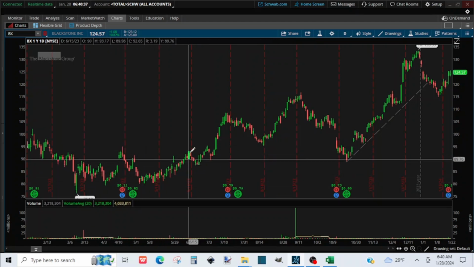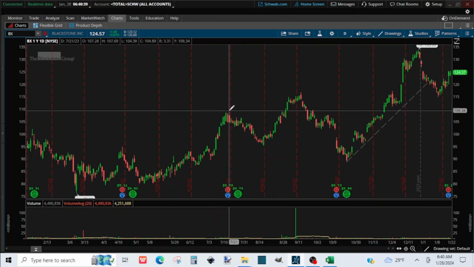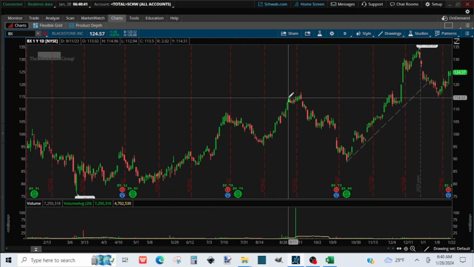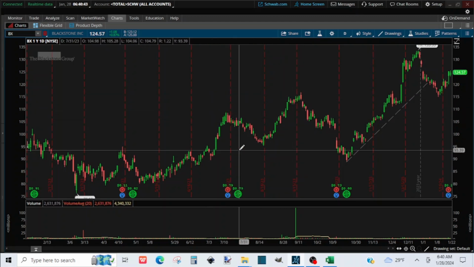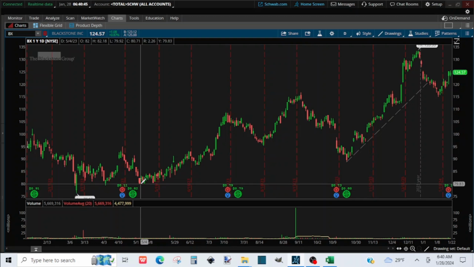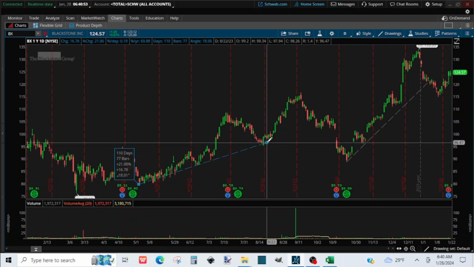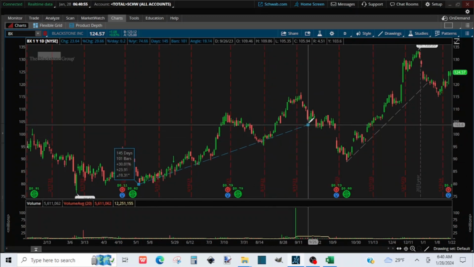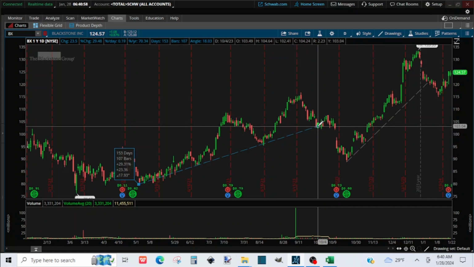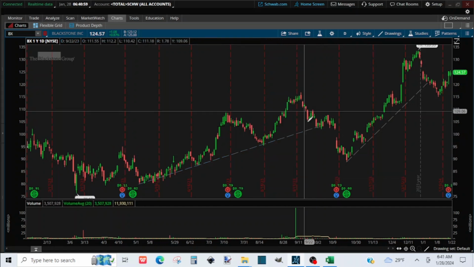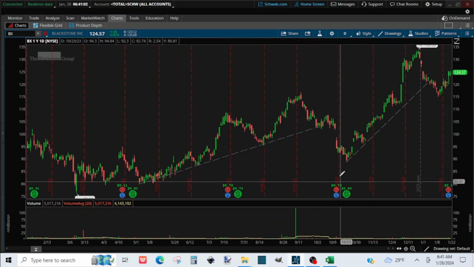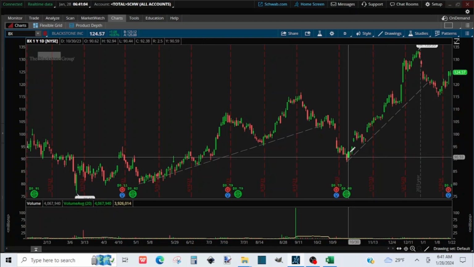The trend, I have this high, this high, this high. I have this high, but then my lows, I have the low here. So I can trace a trend line here. That trend ended, a new one started.